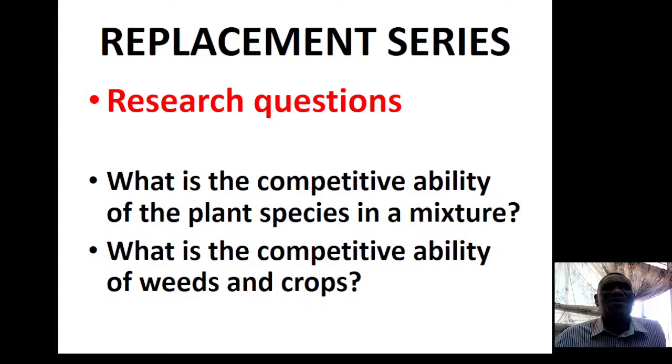The question which we wanted to ask is, what is the competitive ability of plant species in a mixture? Actually, the right question which we are interested in is, what is the competitive ability of the weeds and the crops? With the additive experiment, we can only get more information on weeds and not on crops.